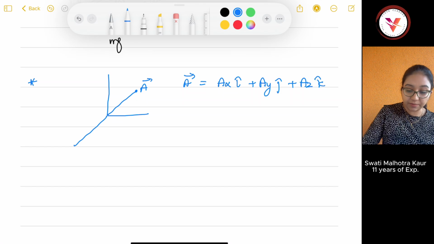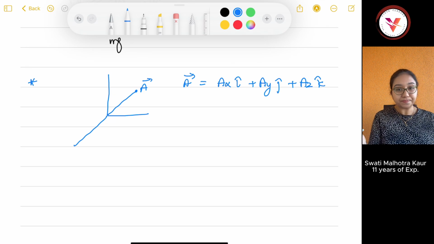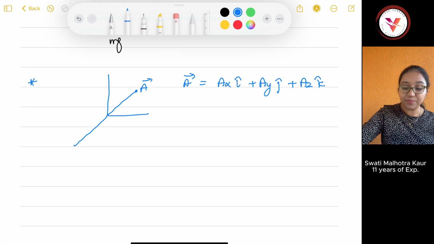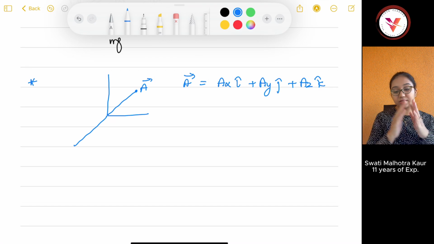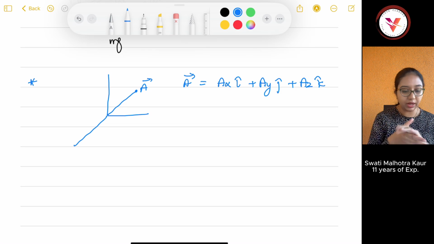Okay, and the magnitude can be written as the square root of ax squared plus ay squared plus az squared, and its direction we'll learn in our next video. So we'll start with this 3D thing, and we'll do numericals on what we have learned till now.